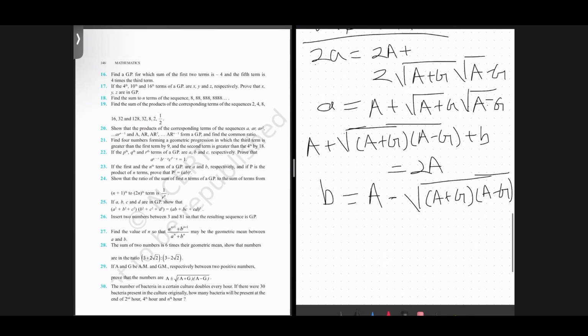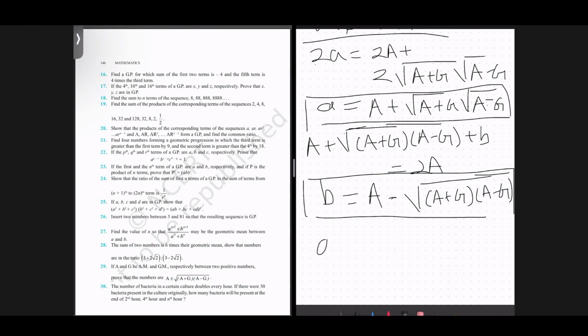So now you have the value of b, and you have the value of a right here as well. As you can see, a and b would be written as A plus minus under root of (A plus G)(A minus G). So that was what was asked of us. We had to show that two positive numbers and their AM and GM would be expressed as this. That was it.